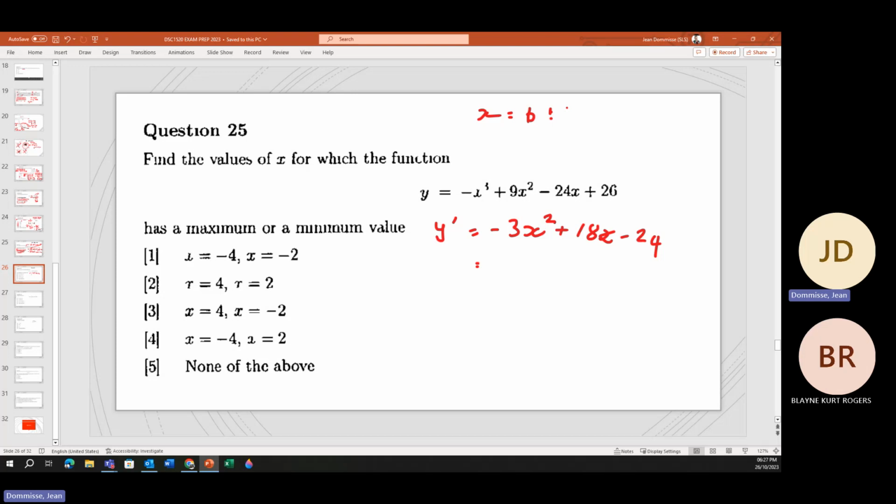I want to avoid that first, so let's see if there isn't anything nice that one can take out of this. Minus 3, so we're left with x squared. If I take out minus 3 here, we're left with 6x. If we take out minus 3 here, we're left with plus 8. And that one we can definitely factorize.